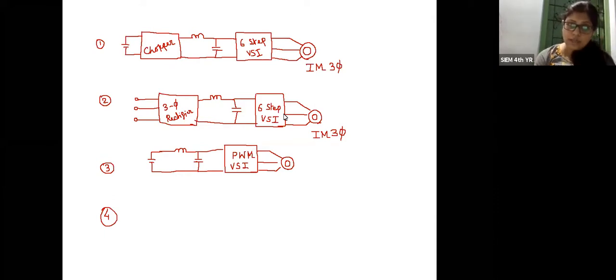Suppose we have this three-phase AC supply.